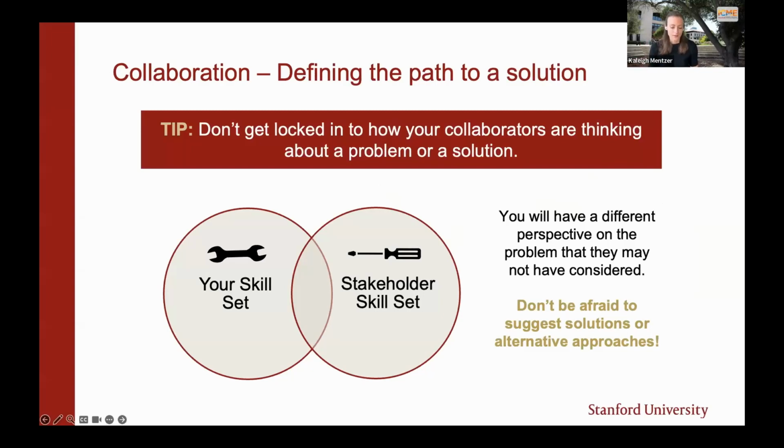Their perspective on this problem is shaped by very important aspects, such as being more in touch with this particular community that you're working with, being much more familiar with the education space in general. And you have a different skill set. In our case, we had deep technical expertise in specific matching algorithms and stuff like that. And both of you have different perspectives, and that may be a good thing.